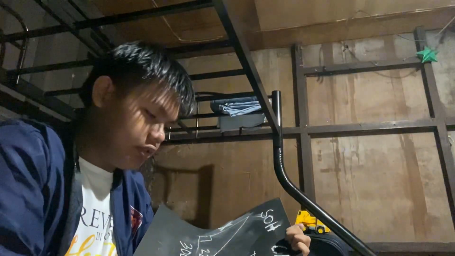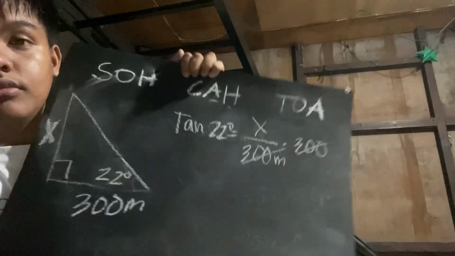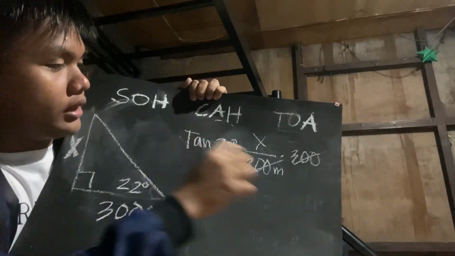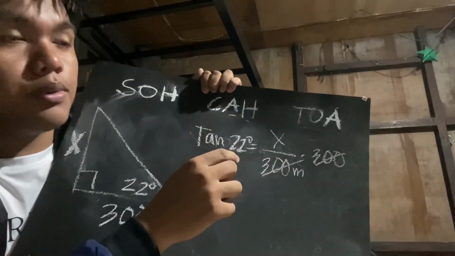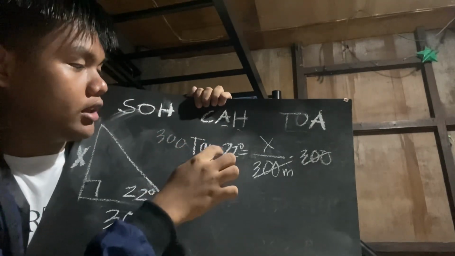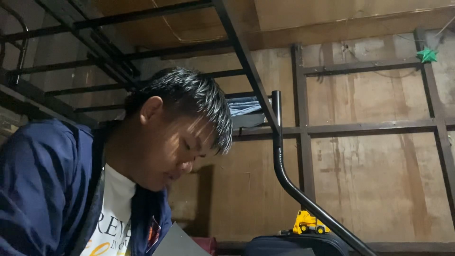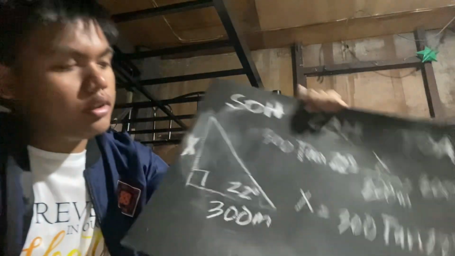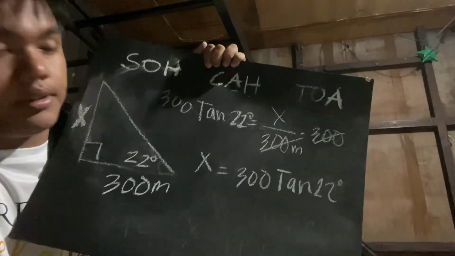300 will cancel out here. And since you need to times both sides by 300, x will be 300 tangent 22. The value of x is equal to 300 times tangent 22 here.